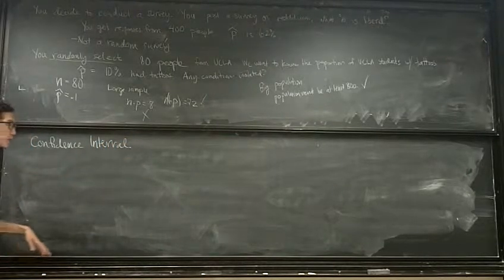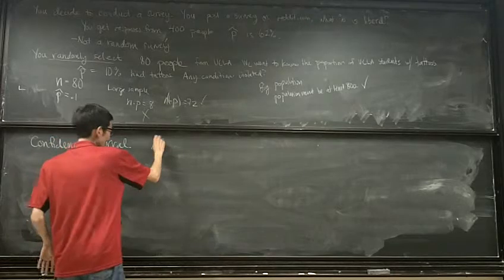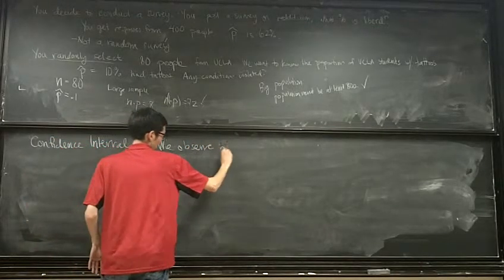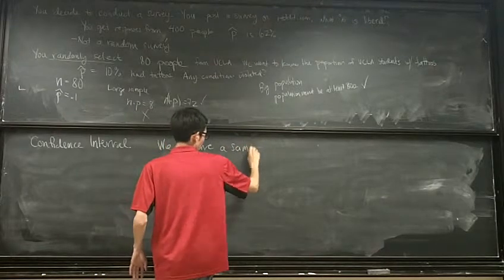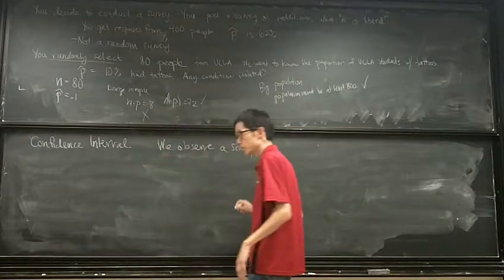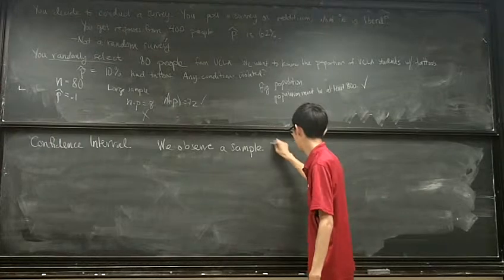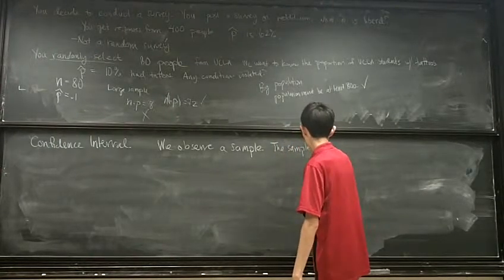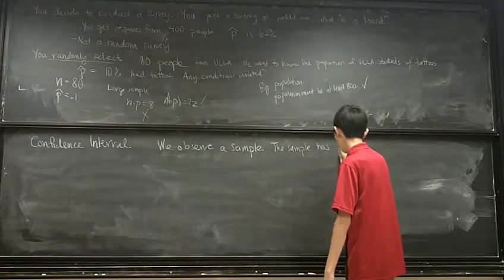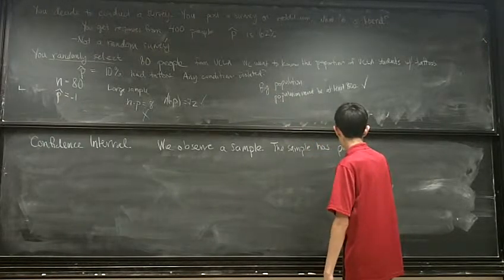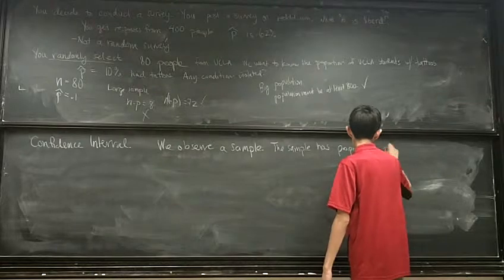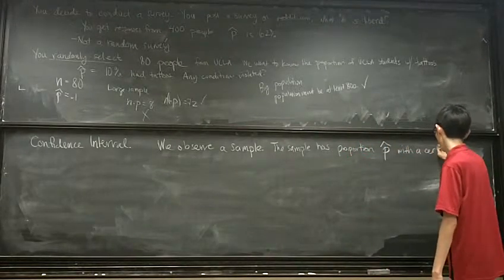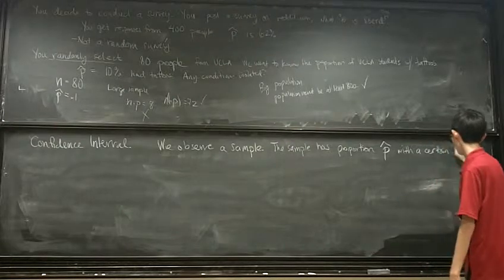The idea is we observe a sample that has proportion p hat with a certain trait or characteristic.